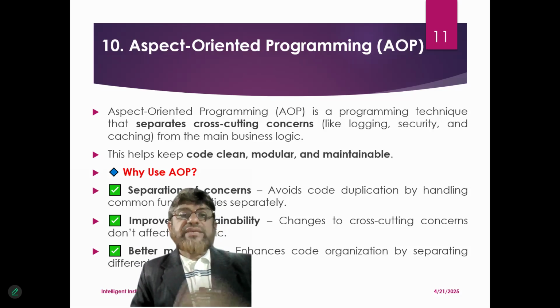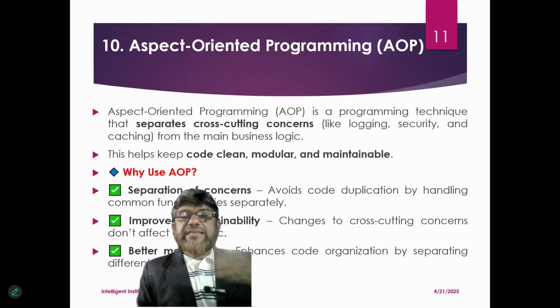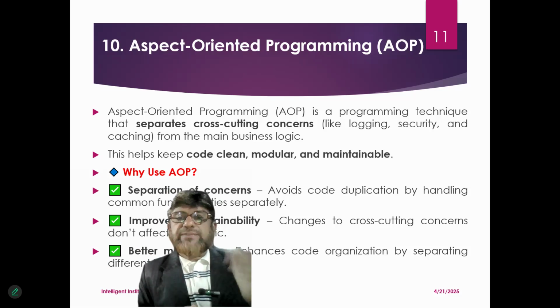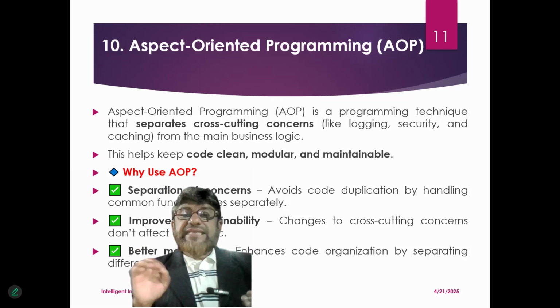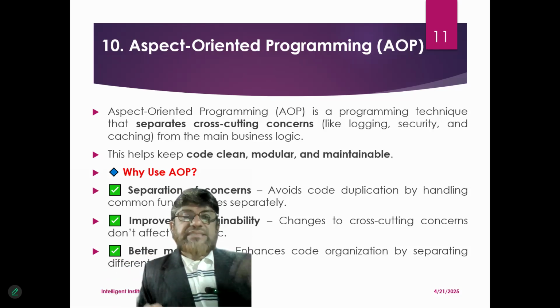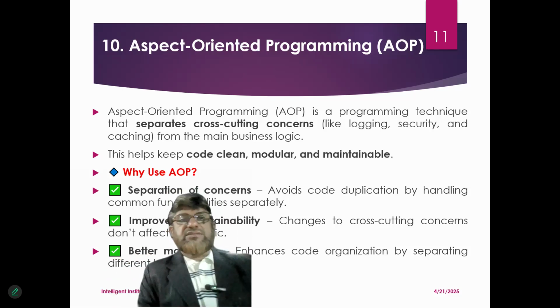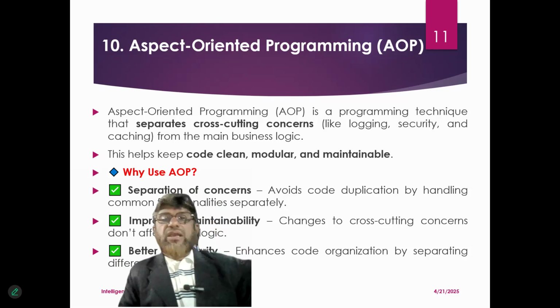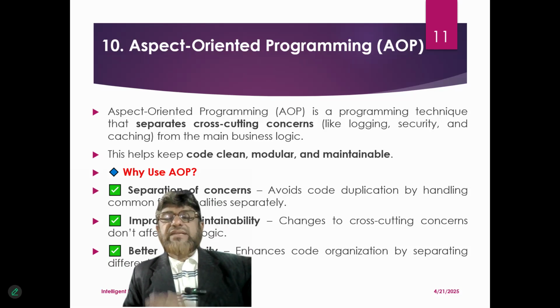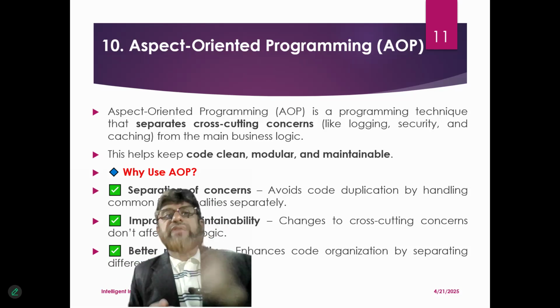So in this way we can improve maintainability, as well as better modularity of the program. It means that this enhances code organization by separating different behaviors. We can also use this in machine learning: any duplicate data or empty data, we can remove with the help of AOP. Okay.